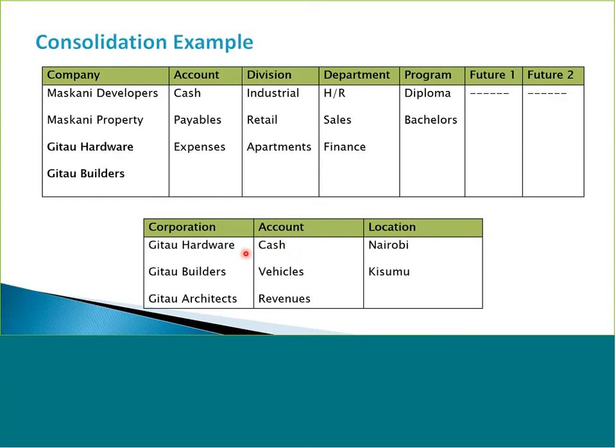Okay. And if we have maybe an account for vehicles in the subsidiary, which is a fixed asset, and we don't have an account in the parent company for vehicles, then we can map these vehicles to a fixed asset account which we have in the parent.